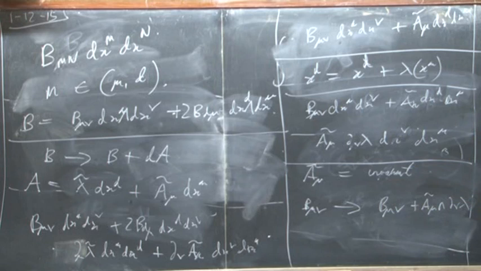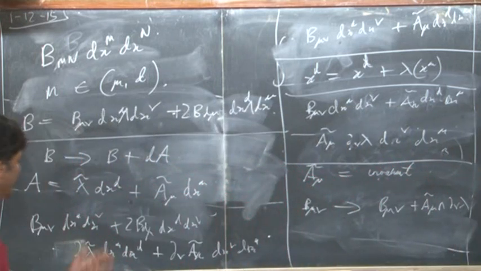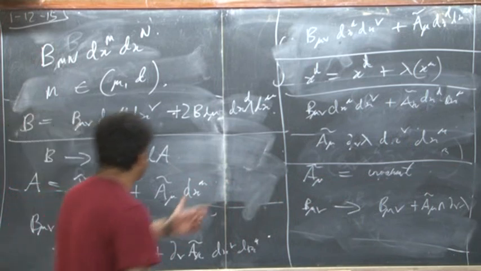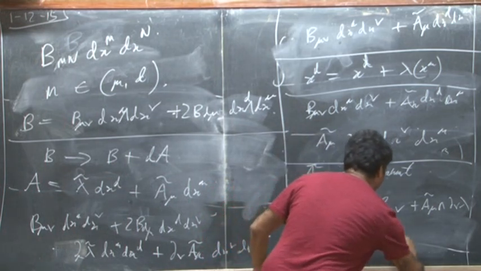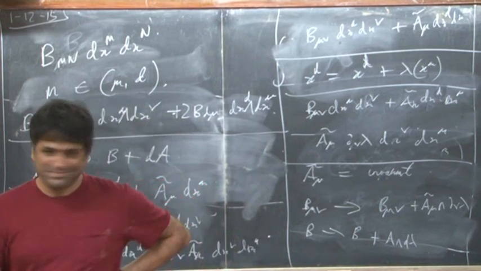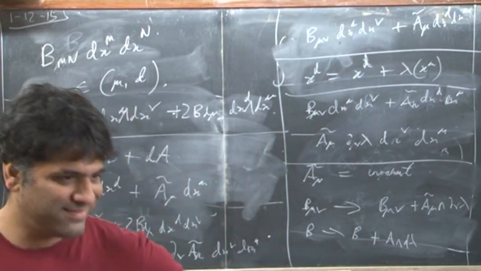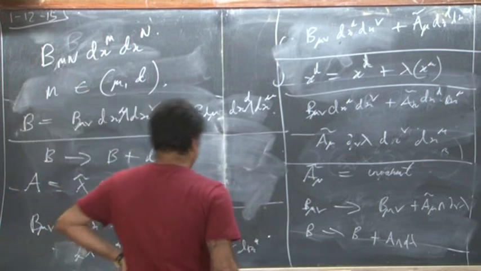Antisymmetrize A nu lambda. You can say wedge, or say antisymmetrize, or say components. That's a fancy way of saying it. B goes to B plus A wedge d lambda. That's the right way of saying it.